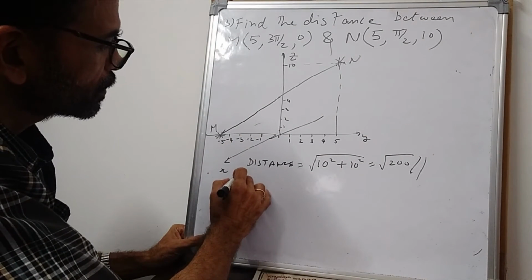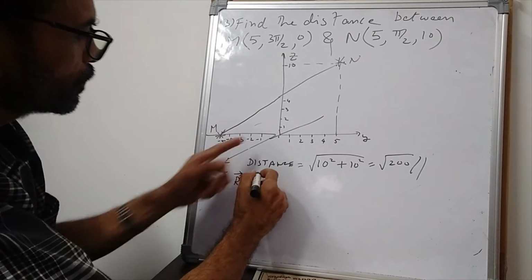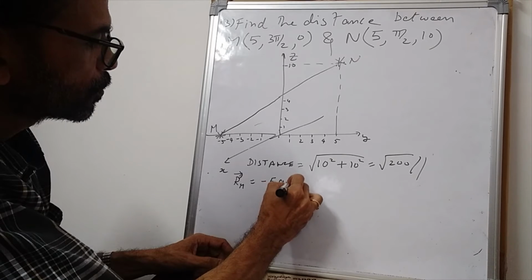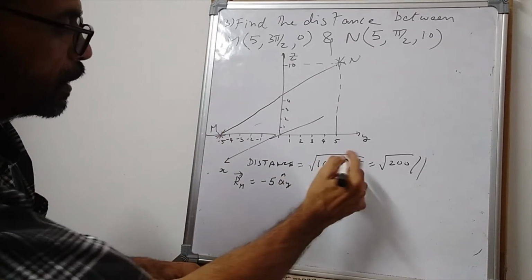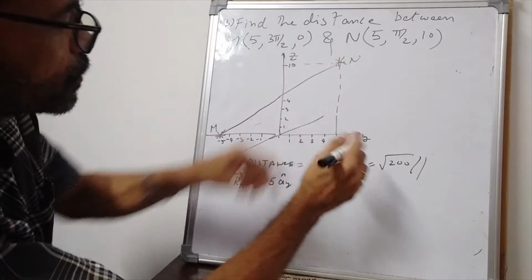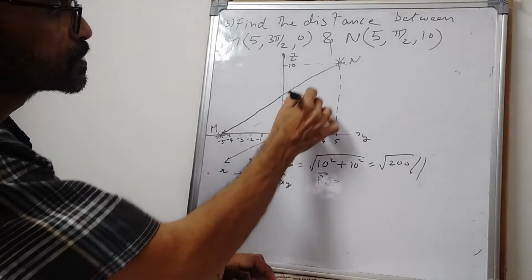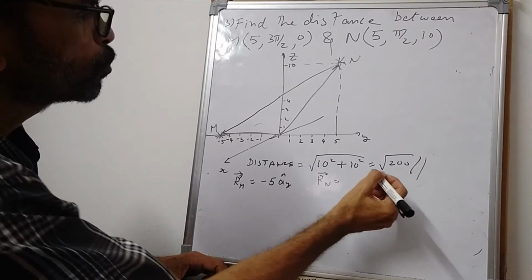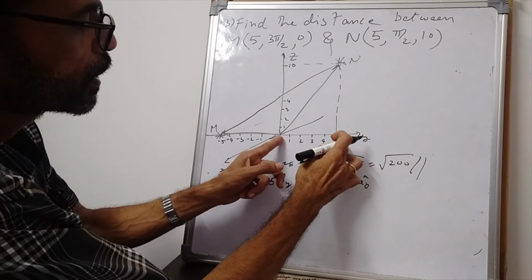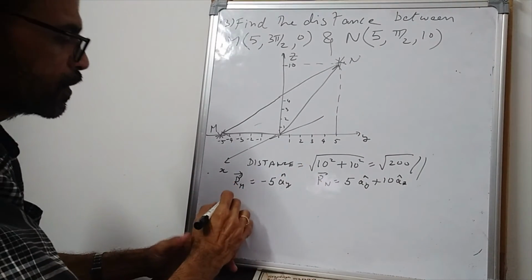I can define Rm, the position vector of point M, as equal to minus 5 ay cap, and I can define Rn, the position vector of N. So Rm is this vector, Rn is this vector. Rn is equal to 5 ay cap plus 10 az cap.